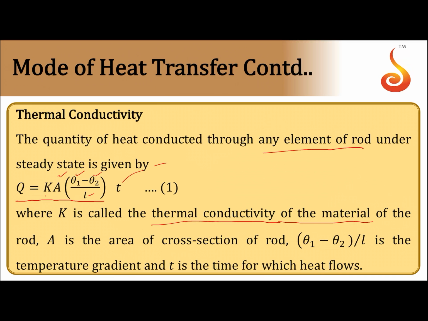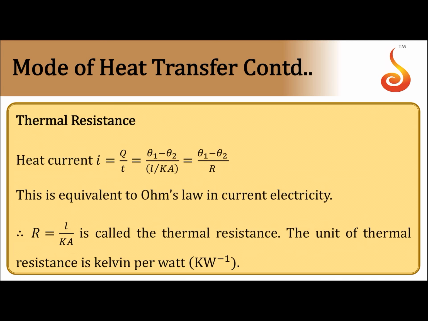Here, (theta 1 minus theta 2) divided by L is called the temperature gradient, and at steady state this temperature gradient throughout the rod remains constant. If you calculate the heat current, that is Q by t, it will be (theta 1 minus theta 2) divided by L by K A. K and A are sent to the denominator.